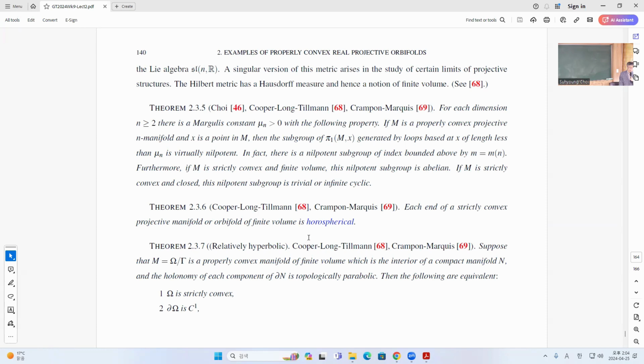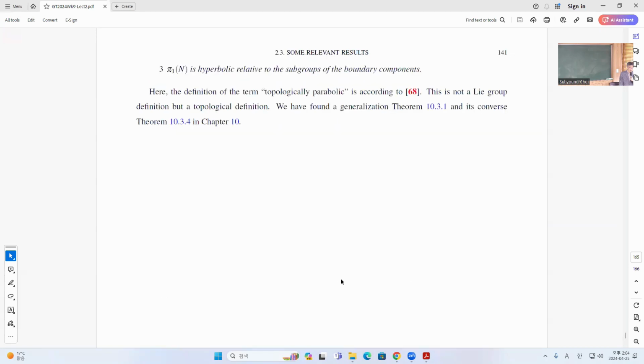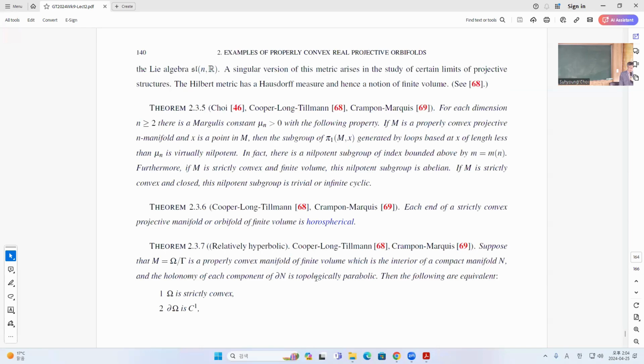Each strictly convex projective orbifold with finite volume is horospherical. So if you have a strictly convex one with finite volume, then its end has a horospherical structure. The final result is that if M is properly convex with finite volume, and its holonomy is topologically parabolic, then omega is strictly convex and C1.